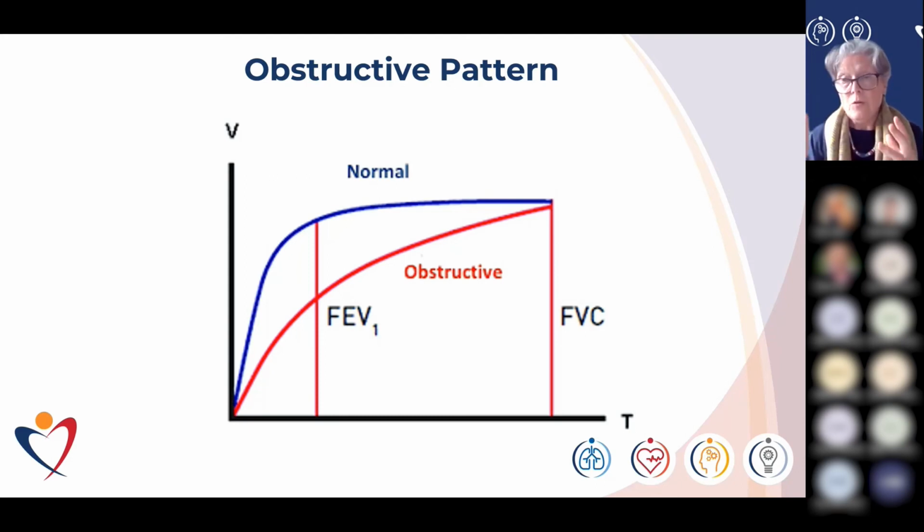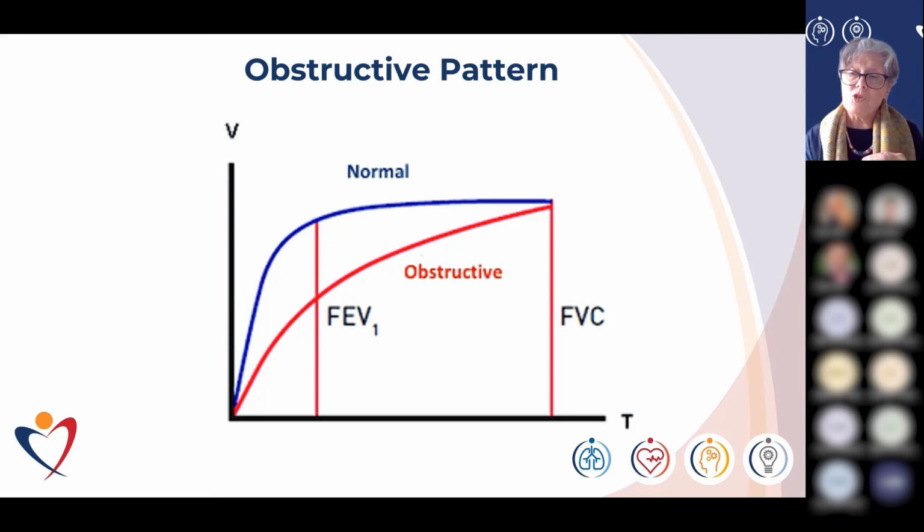I'm sure in clinical practice, you've noticed this. You'll ask a patient who might have COPD or is demonstrating an obstructive pattern to take that blow out, and it takes them a long time. It takes them very often more than 6 seconds. It may take them 10 seconds. Indeed, if they get to 15 seconds and they're still blowing out, we invite them to stop because we don't want them to exhaust themselves.